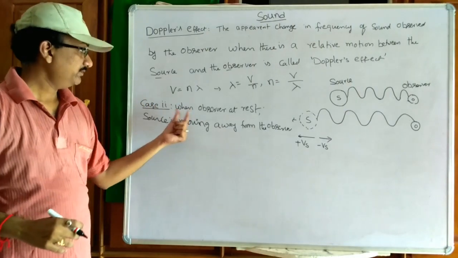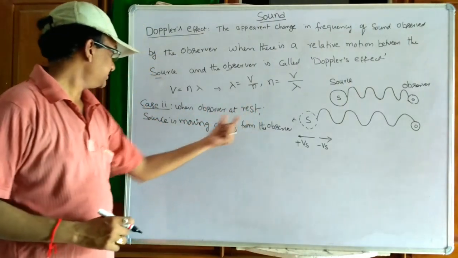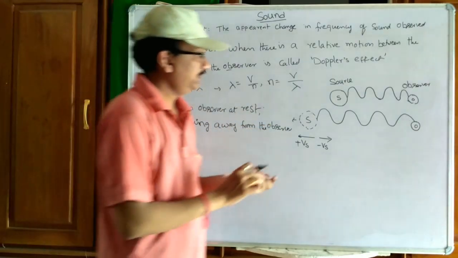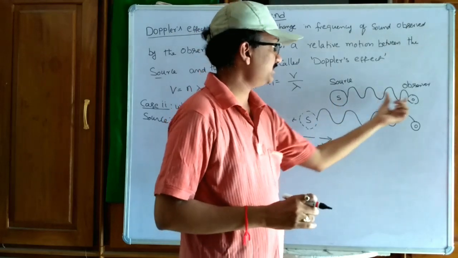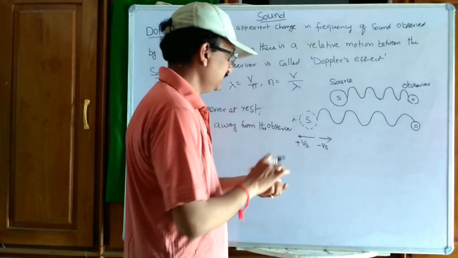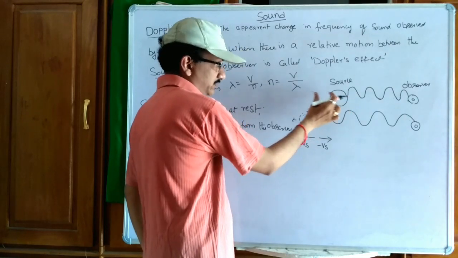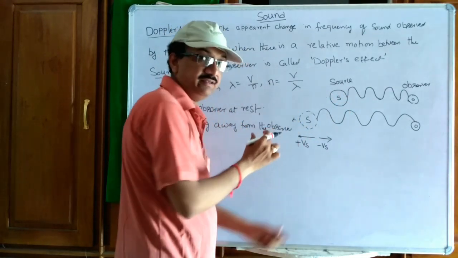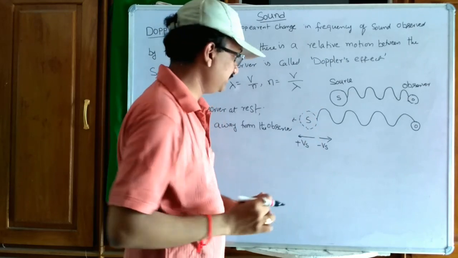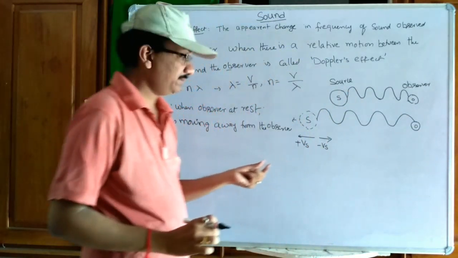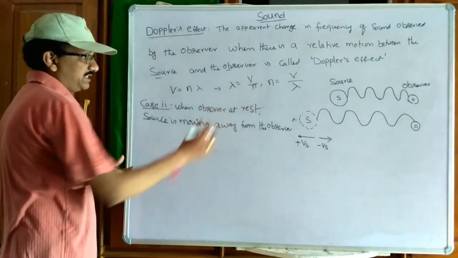Now case 2, when the observer is at rest, the source is moving away from the observer. Here at stationary position, the original position is this. Now this source moves towards the left side, that means away from the observer. Then what happens? The wavelength increases here. The notation is same here.